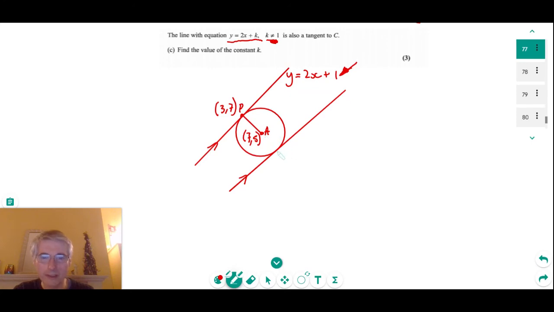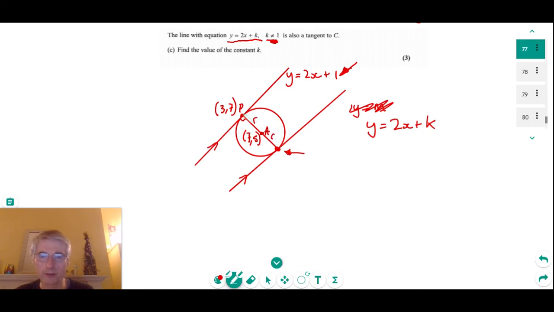So we need to find this coordinate, and then we can apply y equals mx plus c. In fact, we can apply y equals 2x plus k to this point when we find it, and that will allow us to find the value of k. Through the fact that this is a right angle, and if we extend this radius across the circle to here, then since that's a radius and that's a radius, they're going to have the same length.